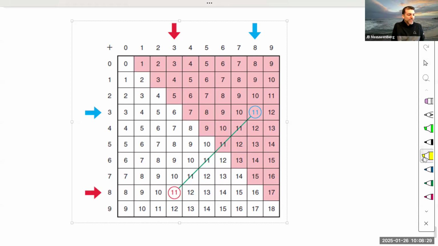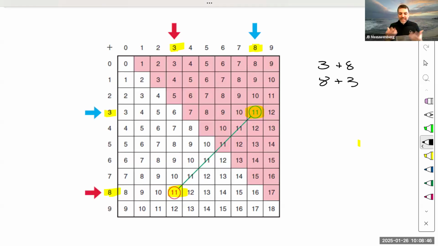If we think about what is 3 plus 8, we see it's 11 here. But if we look at 8 plus 3, we see it's 11 here. So if young learners can understand that 3 plus 8 and 8 plus 3 arrive at the same sum, then wow, it makes it seem much less daunting of a task for them to internalize all of those sums.